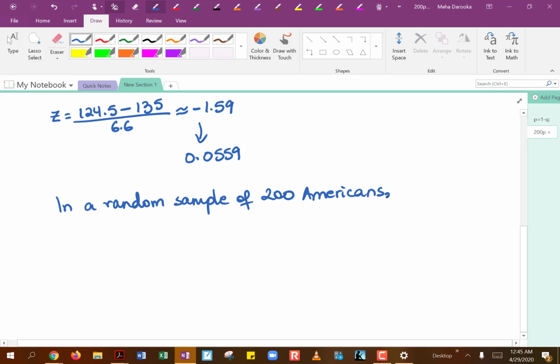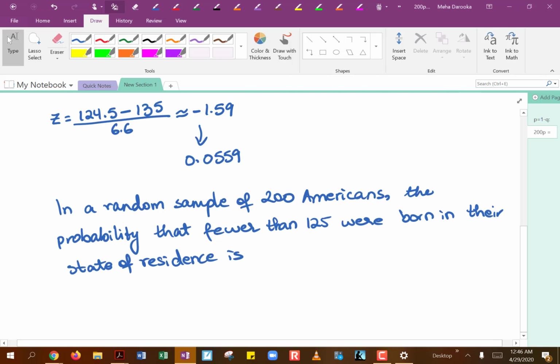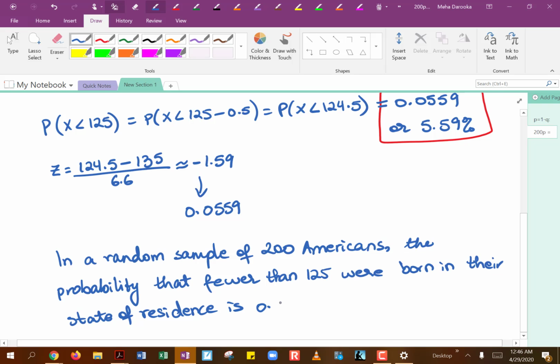So we would say the probability that fewer than 125 were born in their state of residence is 0.0559, or basically 5.59%.